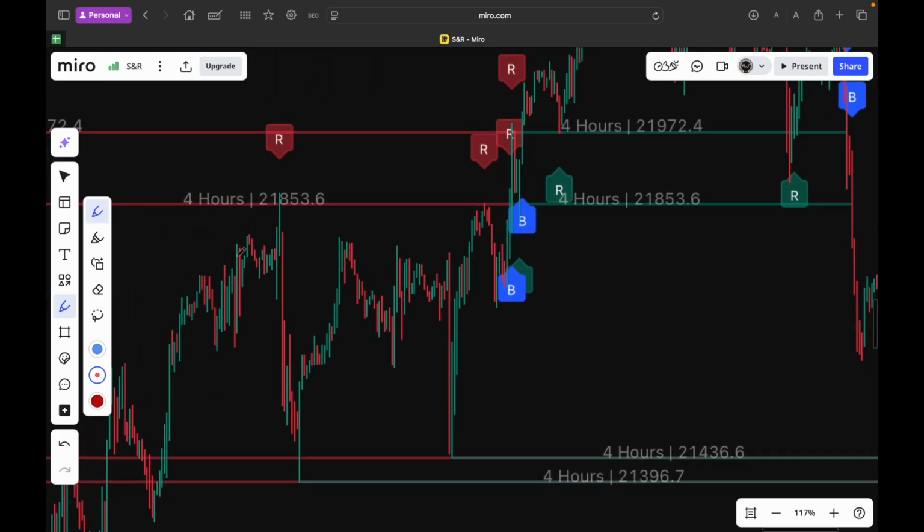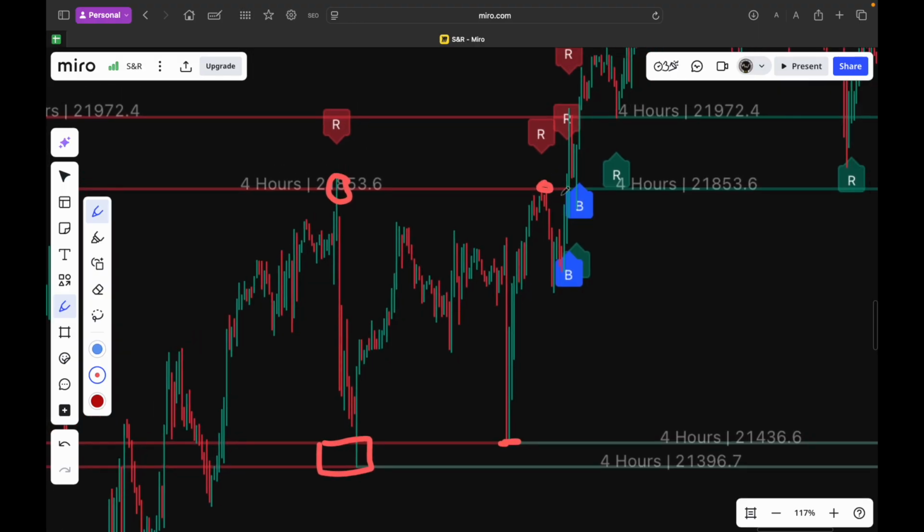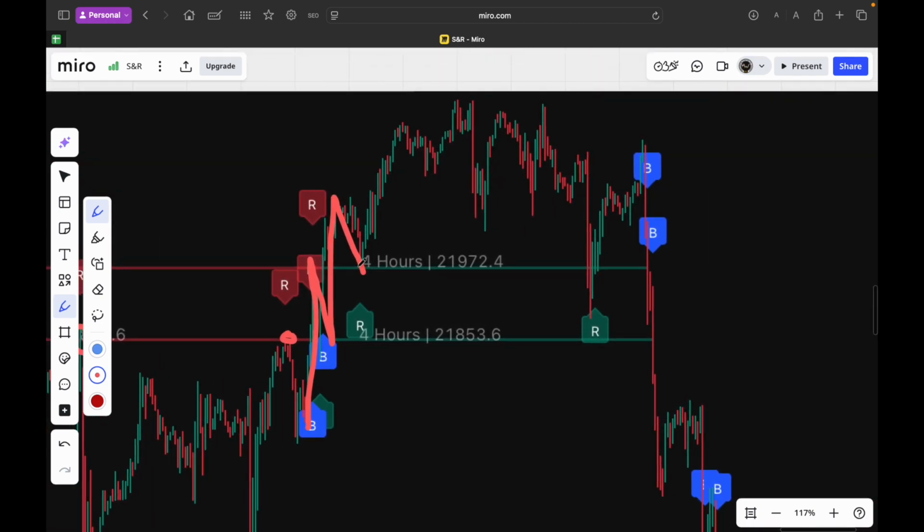So here you can see as well, price came, tested this level, came down, tested this zone right over here, went back up, came down, tested this level, retested there. We had a breakthrough right over here, came back for a retest, broke through, came back for the retest, and we went up. So now price is doing this.